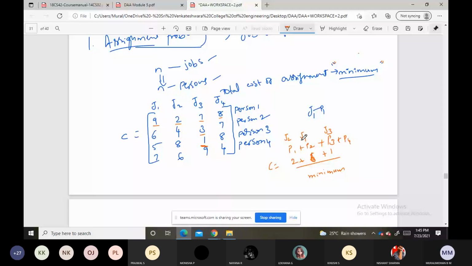Okay, so now we will do, first is the start, right? Start. So what is the lower bound we are having?